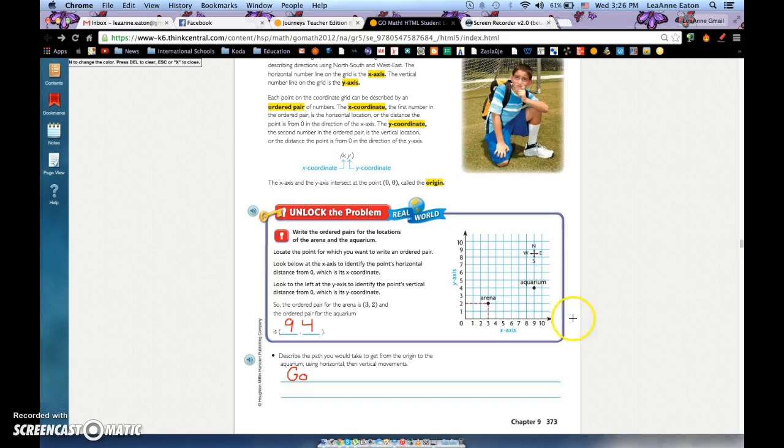We are going to the right. Go right. How many spaces are we going in order to get to the aquarium? Right, we are going over 9 places. Go right 9 places.